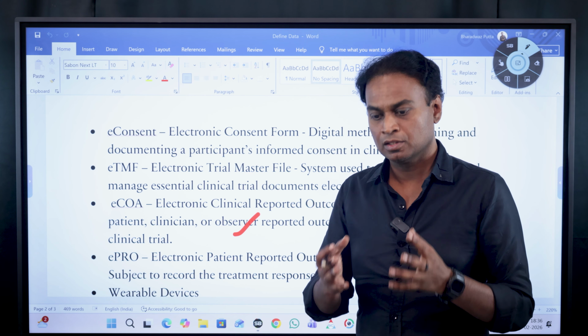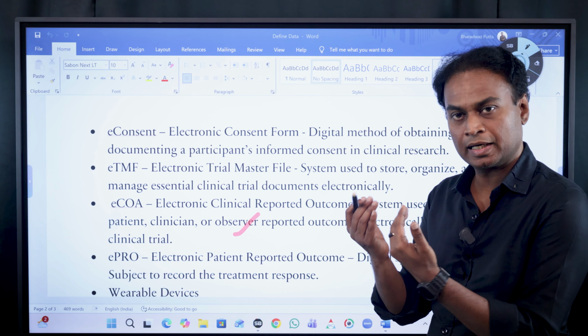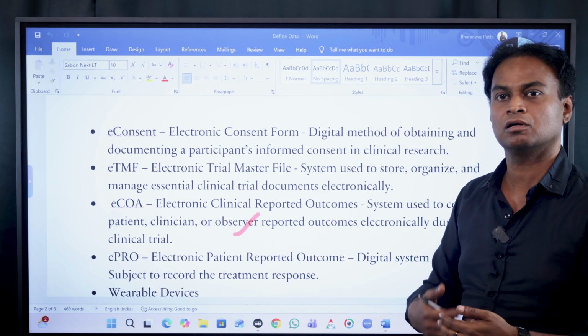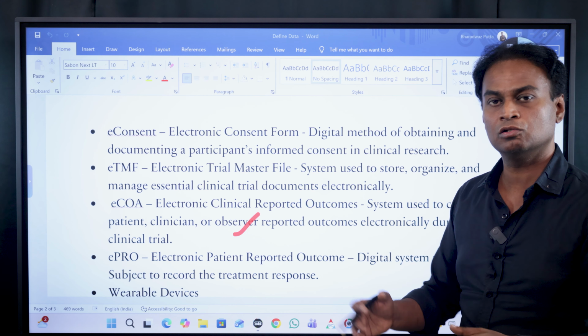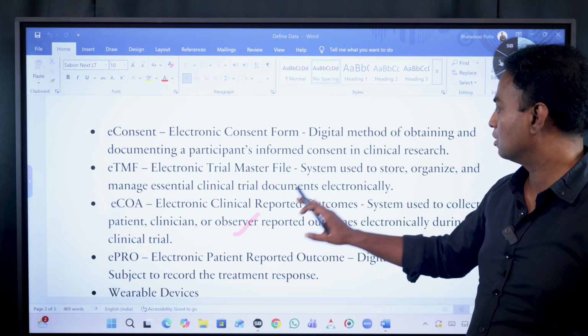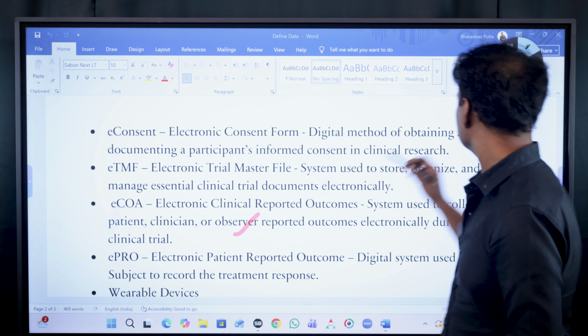In those cases, the ECOA form is given to an attendant of the patient, so that he will report how the patient is improving or deteriorating. All those details are captured in ECOA, electronic clinical reported outcome. This is also one of the systems used in clinical research.